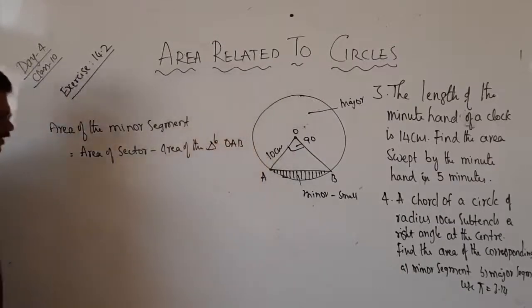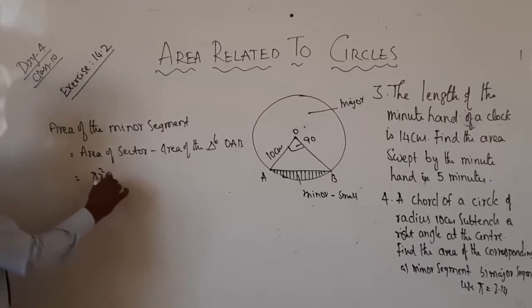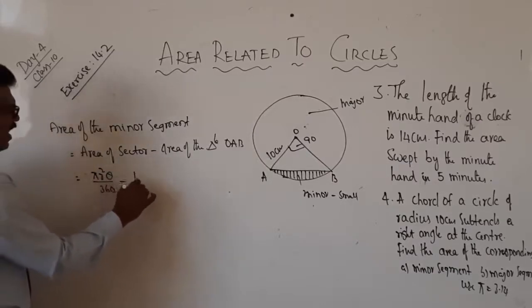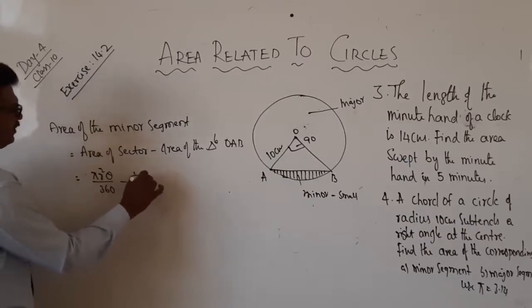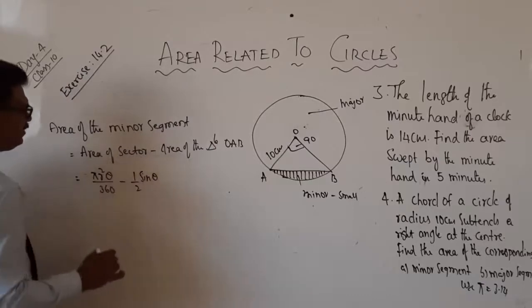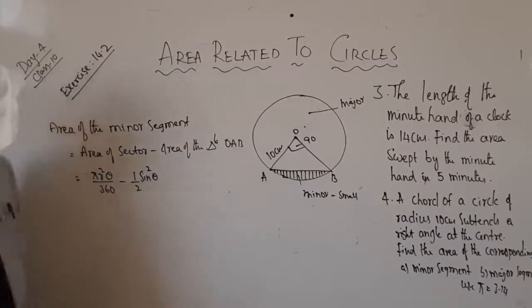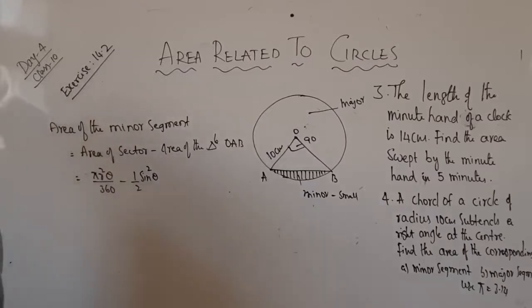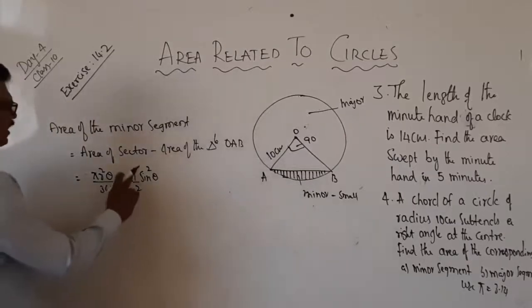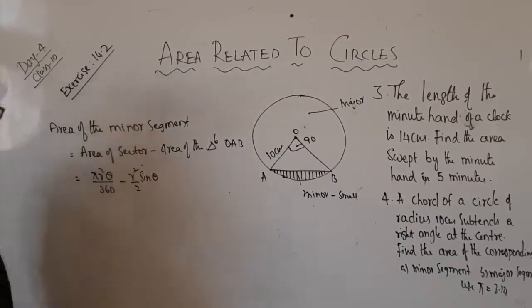Did you understand? So it is nothing but pi r square theta by 360 minus half r square sine theta. You can use this formula, there is no problem.